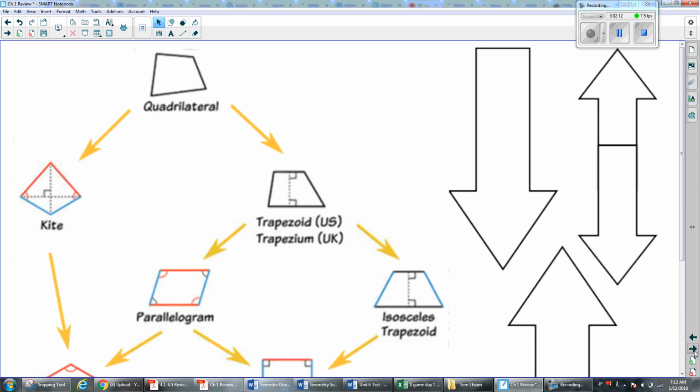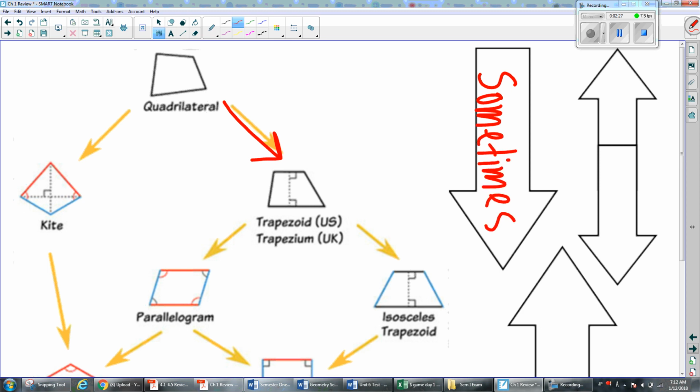So then we looked at the quadrilateral hierarchy to help us stay organized there. Remember, if we found a shape and then traveled down to get to the next shape, those properties are sometimes true. Whenever we're asking those always, sometimes, or never questions, those come from the hierarchy. If I start at this shape, it would always be a quadrilateral since I was moving up in the hierarchy.